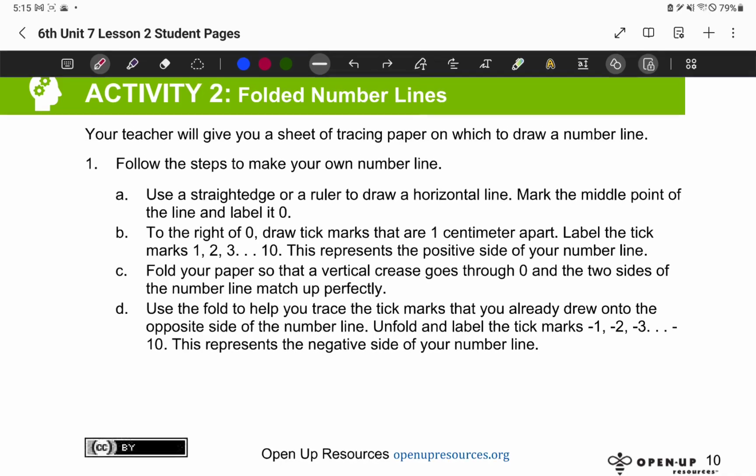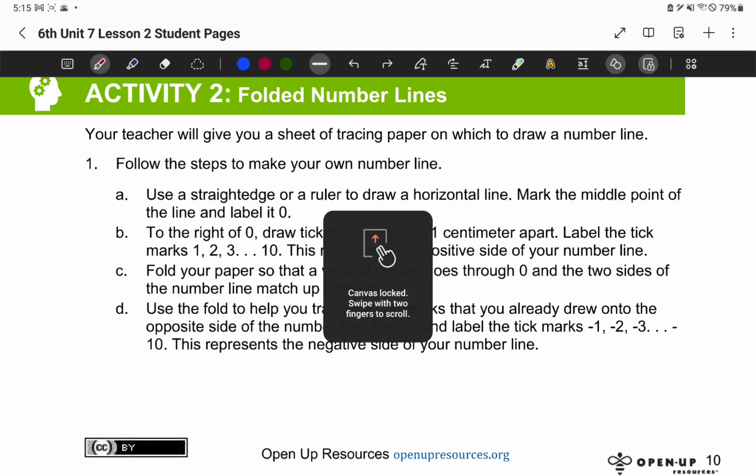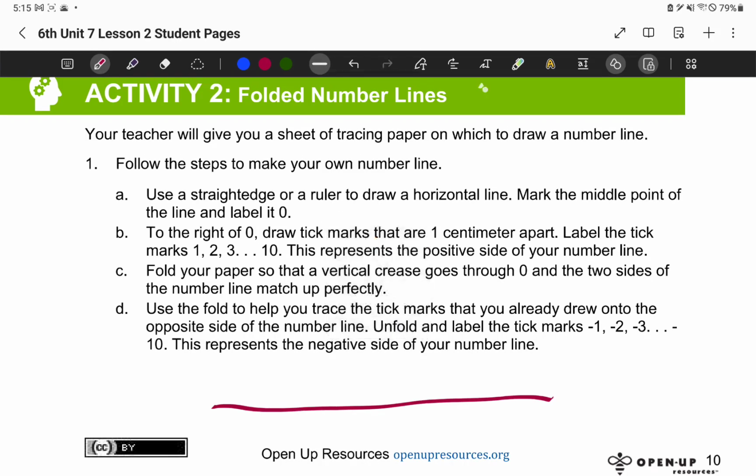Oh, that apparently straightens. All right, so we've got a number line.